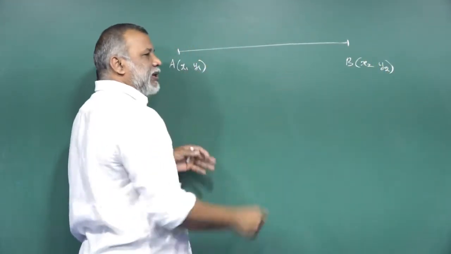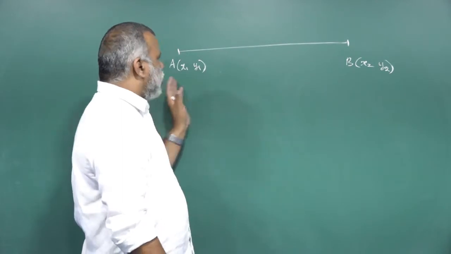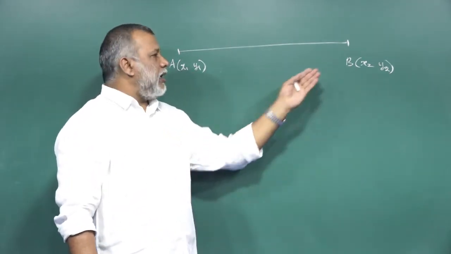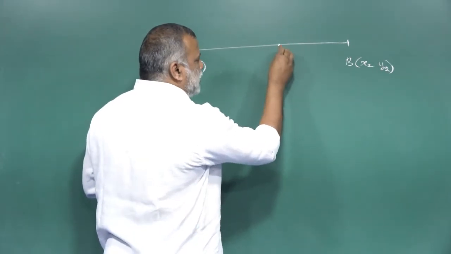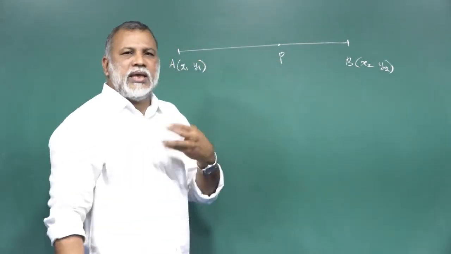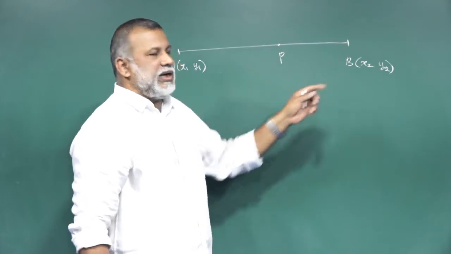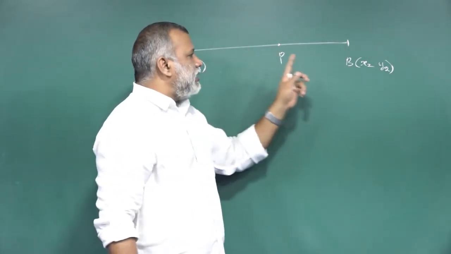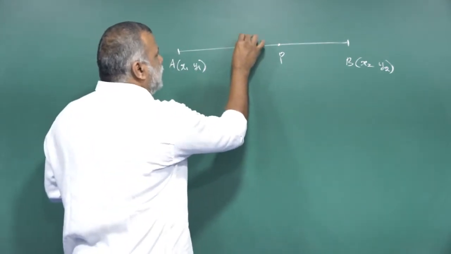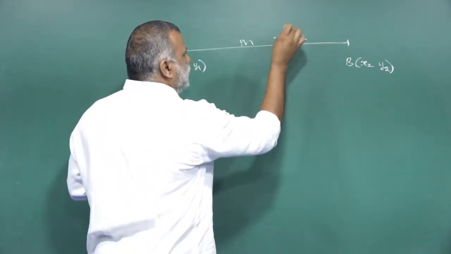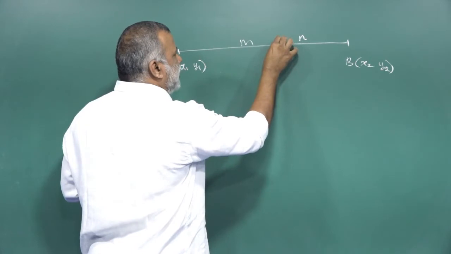That means AB is a line joining A x1, y1 and B x2, y2. Now P is any point. Let us consider P is any point on this line which divides the line AB internally in the ratio m is to n.